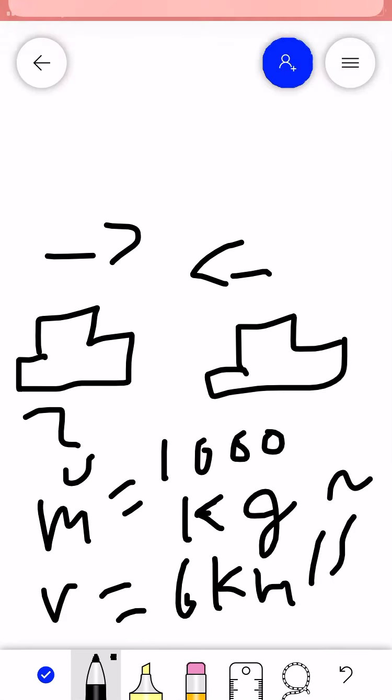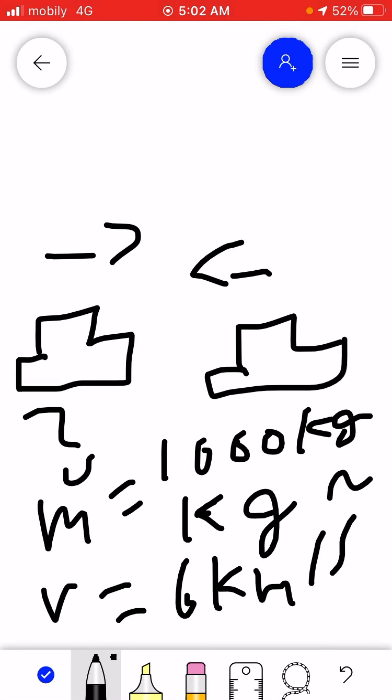That means the total of this car is the mass times velocity. This one is 1,000 kilograms, by the way, so it's basically 6,000. The total of this car, mass times velocity, is 6,000.